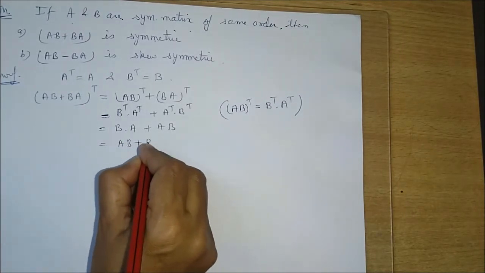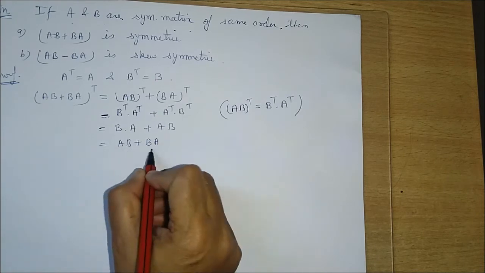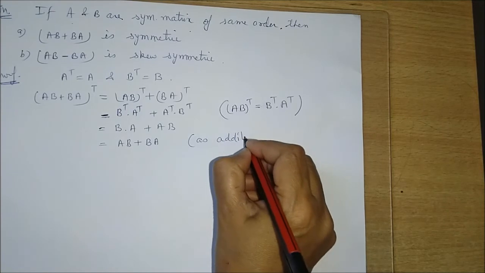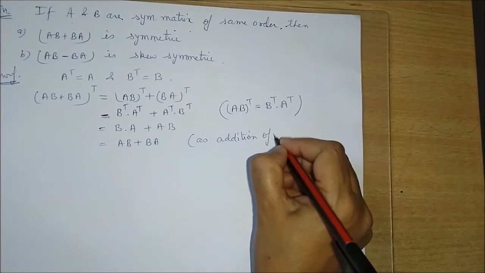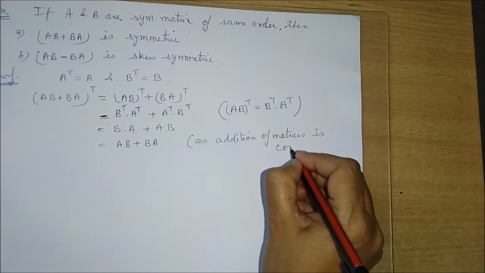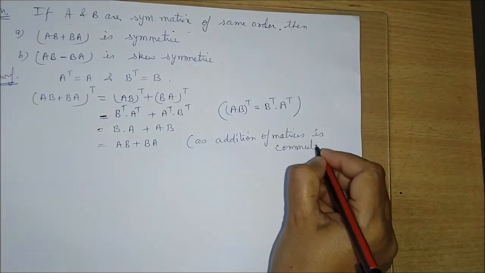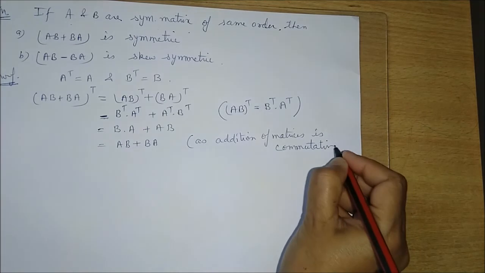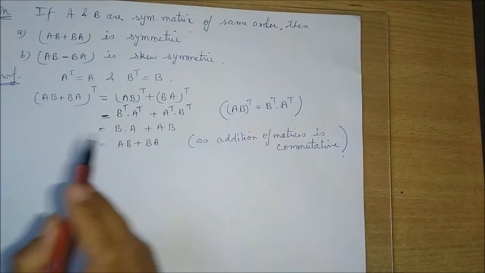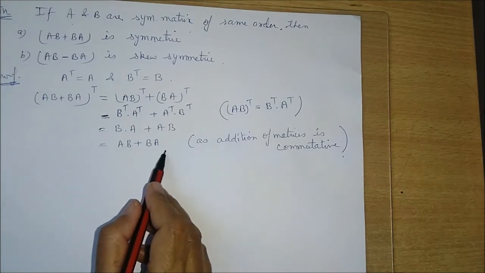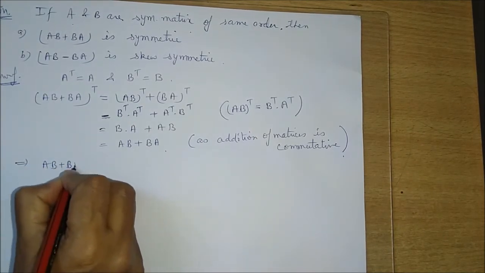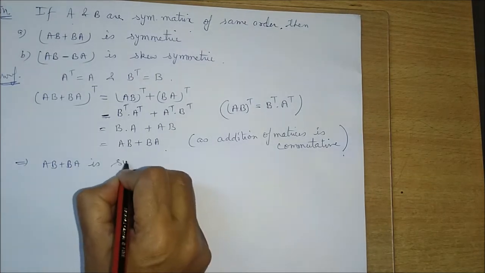BA plus AB can be written as AB plus BA as addition of matrices is commutative. So AB plus BA transpose equals AB plus BA. That means AB plus BA is symmetric.